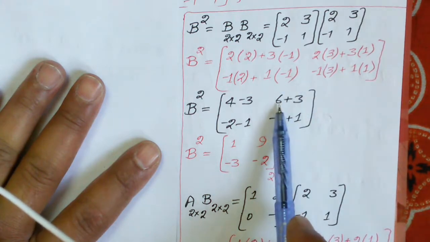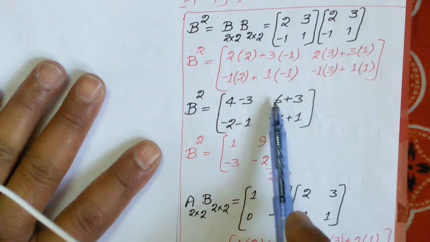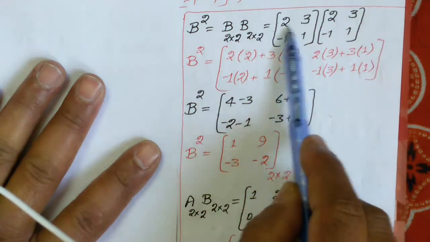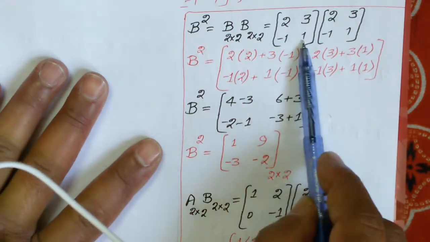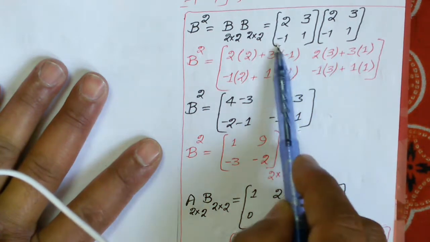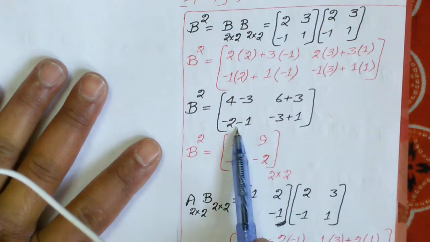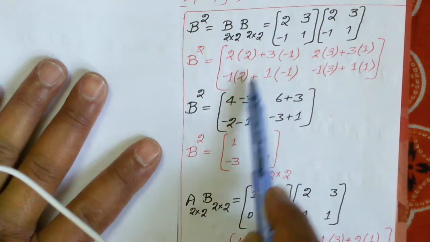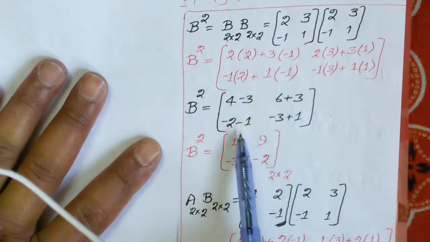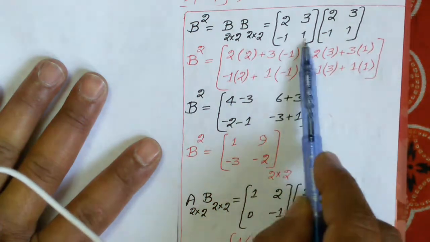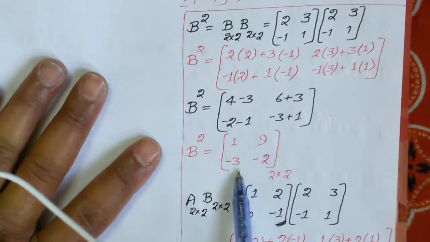The resultant quantity is equal to 6 plus 3, 9. Row is first, column is second. Multiply the second row with first column. Minus 1 multiplied by 2 plus 1 multiplied by minus 1. Minus 2 minus 1. Row is second, column is first.